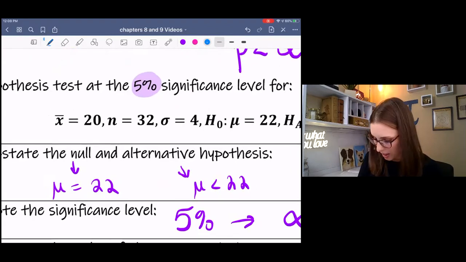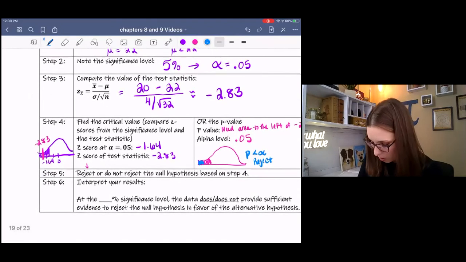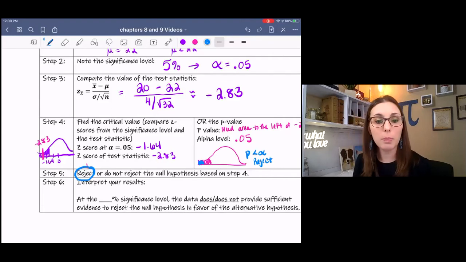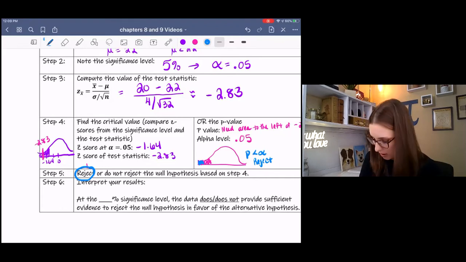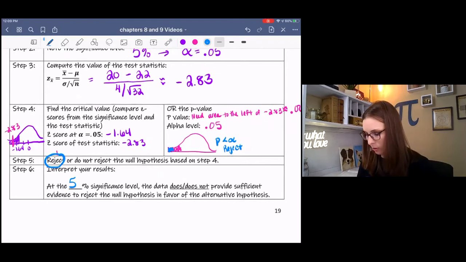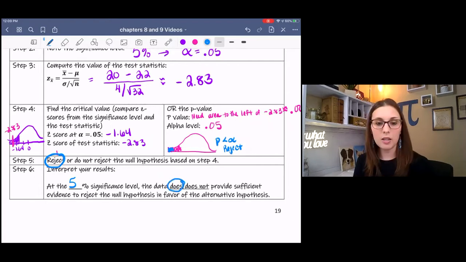So we can say that we reject the null hypothesis because the probability of our test statistic is so small. To interpret that, you say at the 5% significance level, the data does provide sufficient evidence to reject the null hypothesis in favor of the alternative hypothesis.